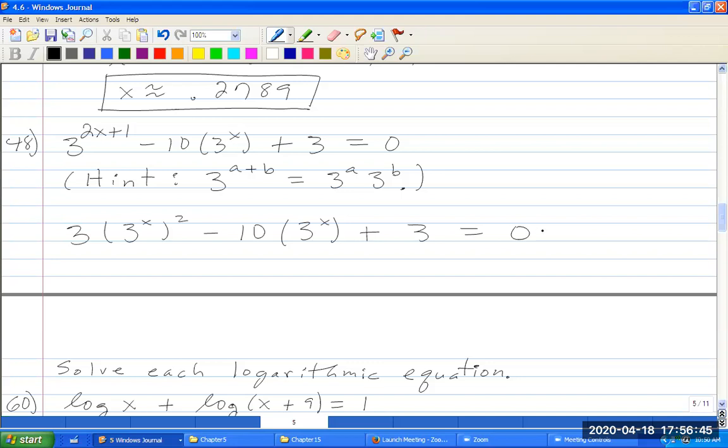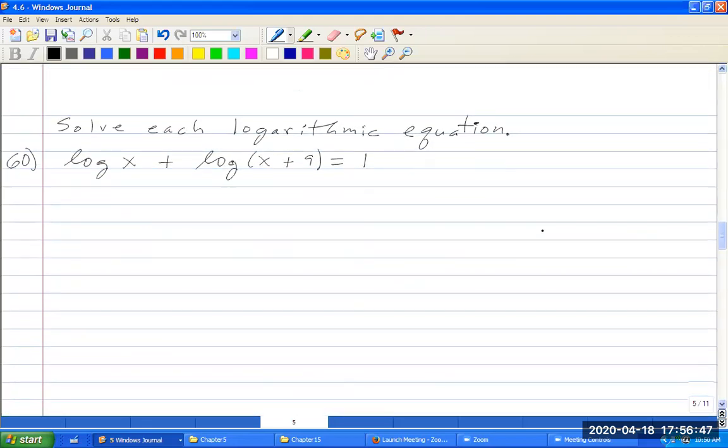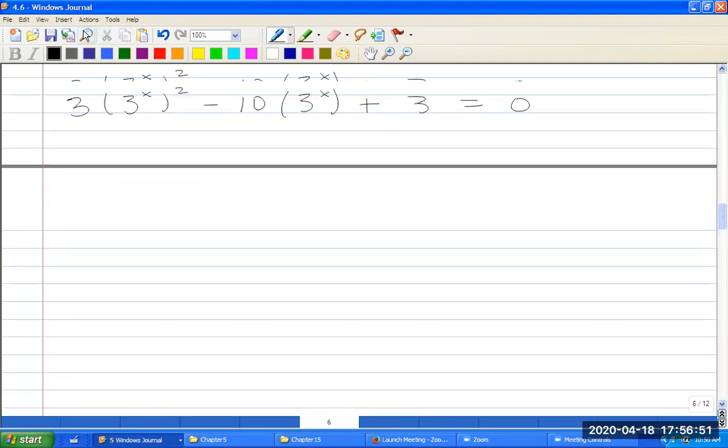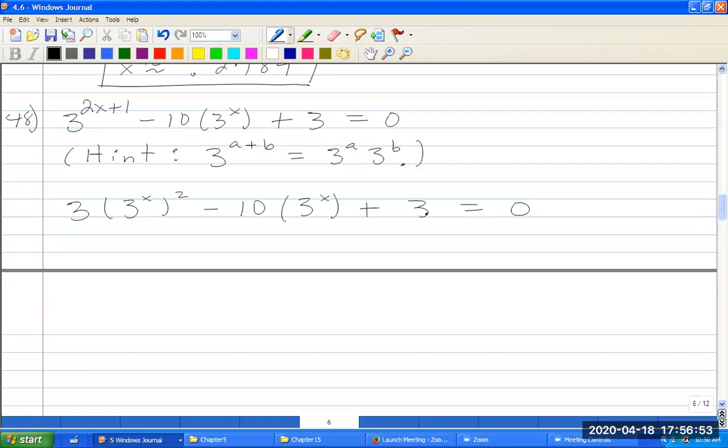So now I see that this is quadratic in 3 to the x. And so I can actually factor this as follows.